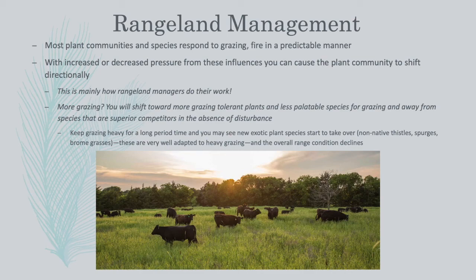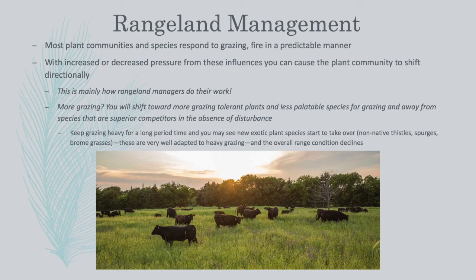If you add more grazing, you're going to shift your plant community toward more grazing tolerant plants, and they're often less palatable species for grazing. You're moving away from species that are superior competitors in the absence of disturbance. So keeping grazing heavy for a long period of time, you continue to push that, you might see new exotic plant species start to take over, such as the non-native thistles, spurges, brome grasses, and these are all very well adapted to heavy grazing.